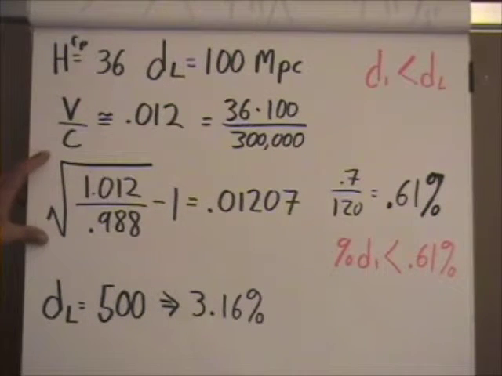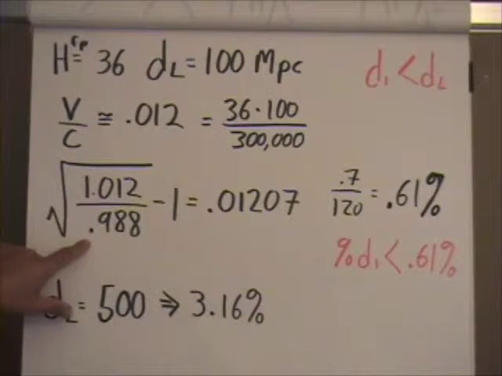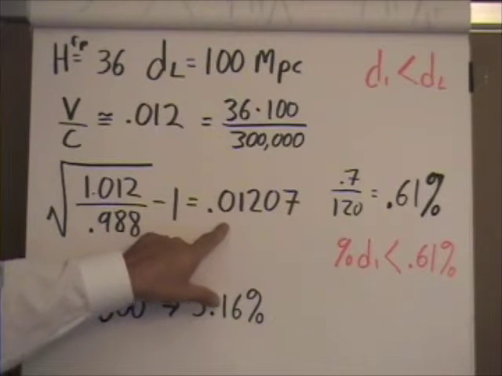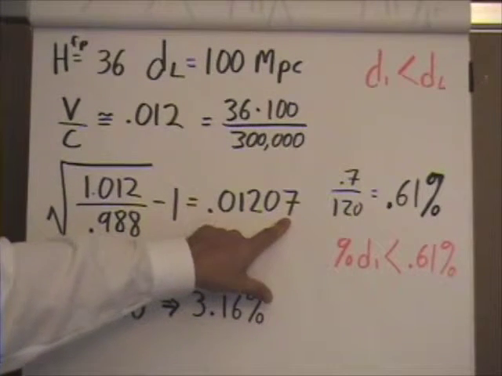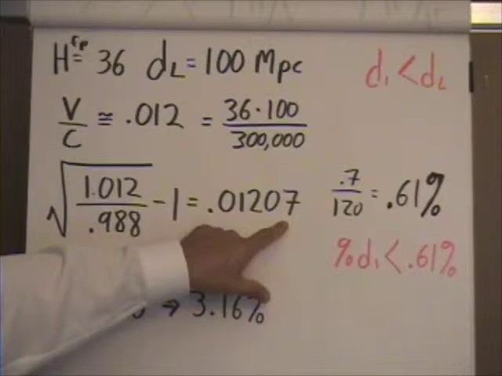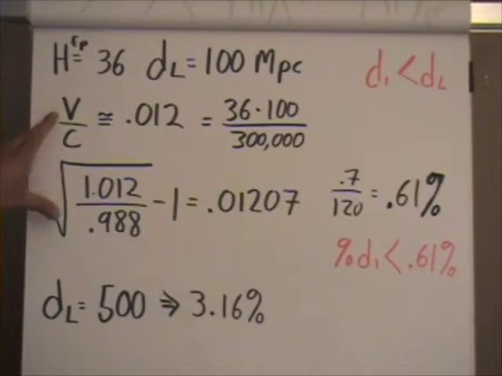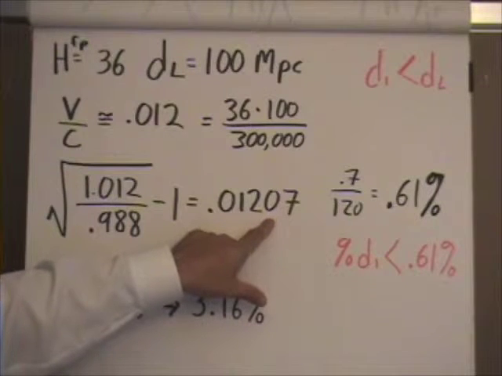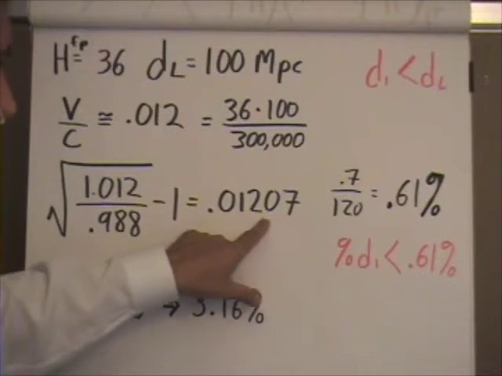If we use a relativistic formula, 1.012 over 0.98 minus 1 equals 0.01207. So that's the difference between using the two formulas. And the percentage difference is that bit.